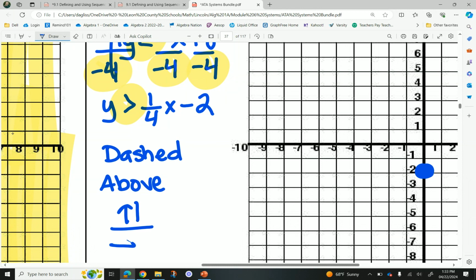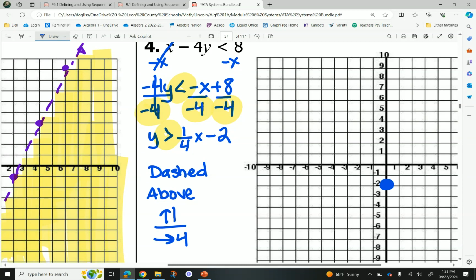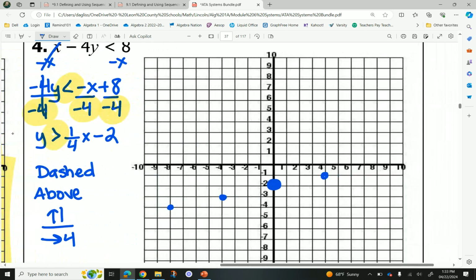Yes, up 1 and over 4. Good. Up 1 over 4. You could also go down and backwards. It's a dashed line.